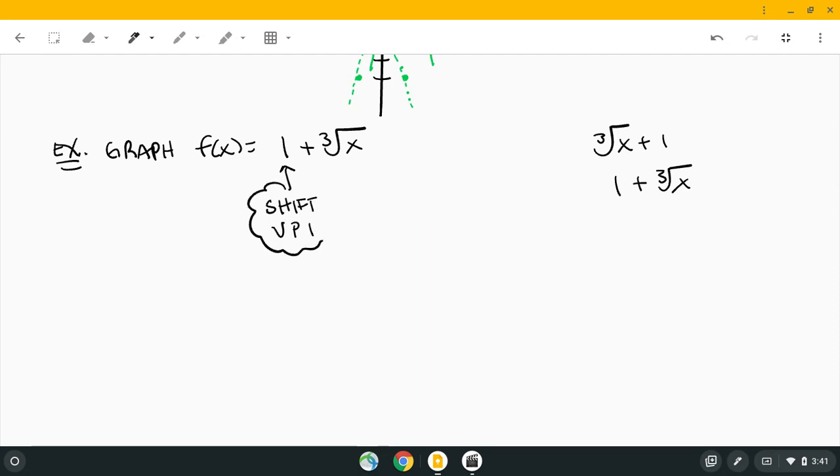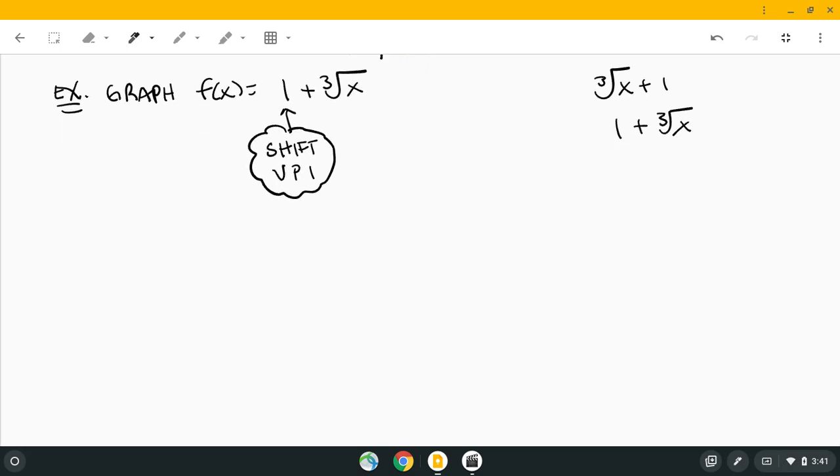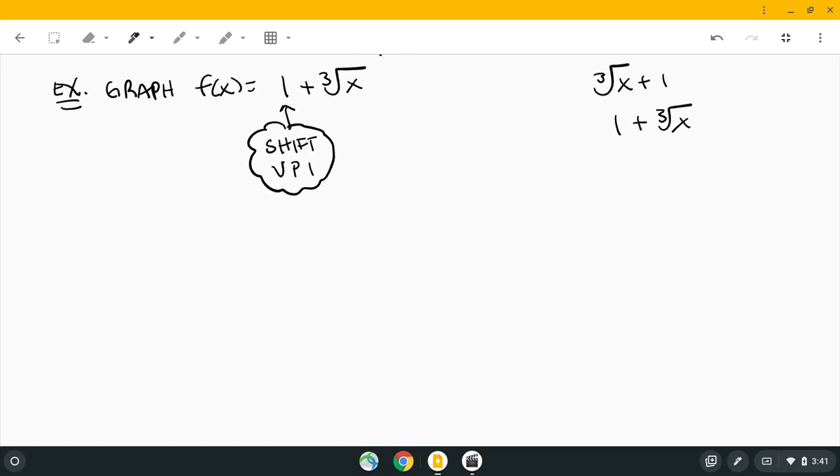All right, so the parent function is cube root x. If you don't know what that looks like, then just get 0: cube root of 0 is 0.